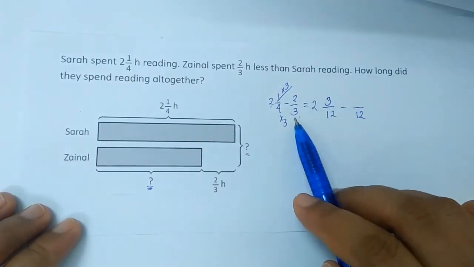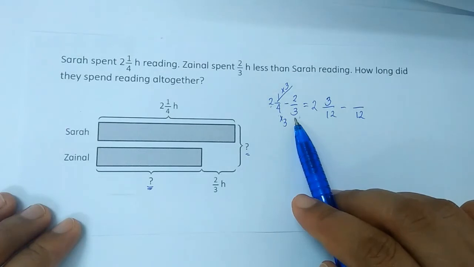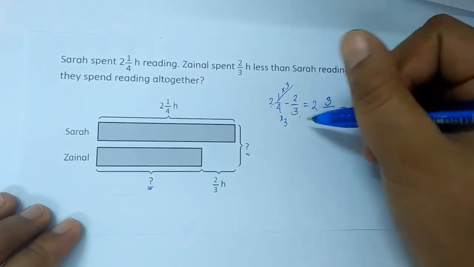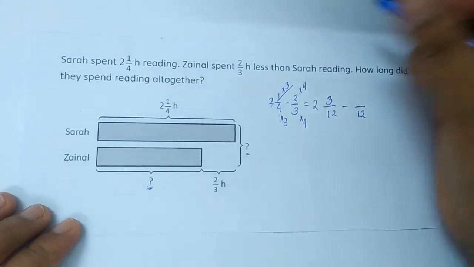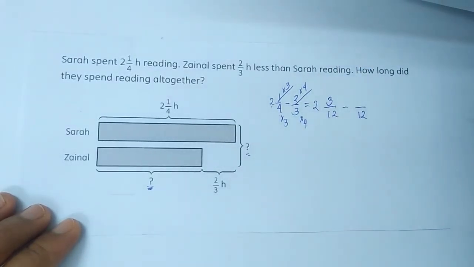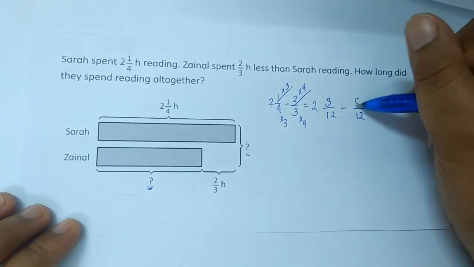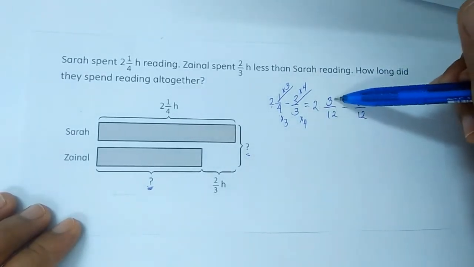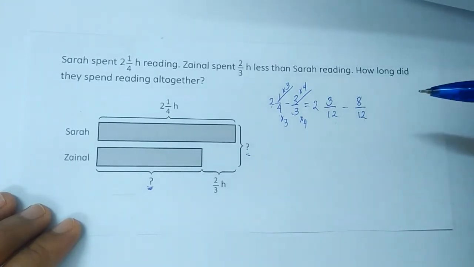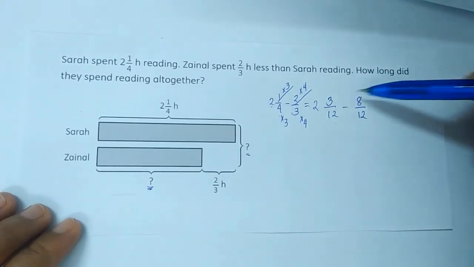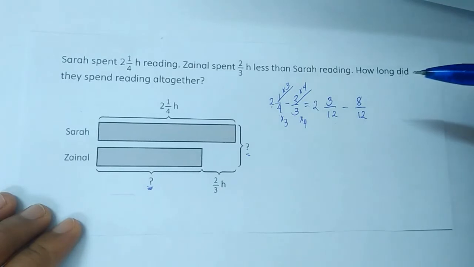How about 3? How to make it into 12? Very good. Times 4. Times 4 also to the numerator. So 2 times 4 is 8. So we have 2 and 3 over 12 minus 8 over 12. Yes, we cannot subtract the numerators here. So what are we going to do?